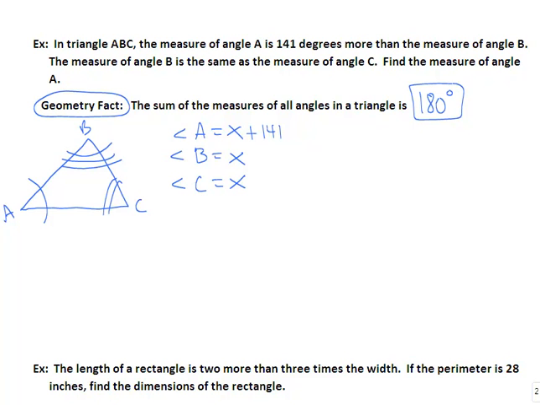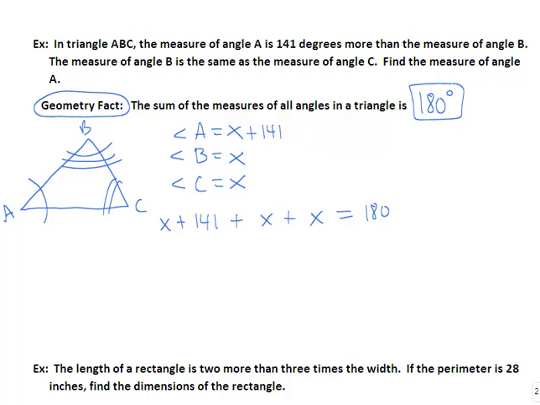So knowing that gives me enough information to set up an equation. Angle A plus angle B plus angle C has to equal 180, so that becomes x plus 141, there's angle A, plus x, there's angle B, plus x, there's angle C, that has to add to 180. So there's my equation. That's the hard part.